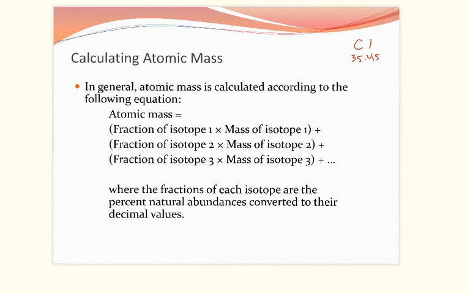So if you had 10 isotopes, you would add it progressively to each isotope's mass multiplied by its fraction. So this is analogous to the concept of calculating your grade in the class.